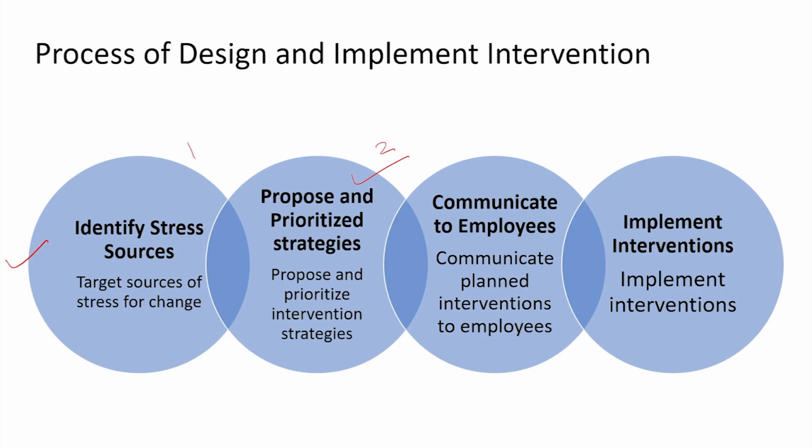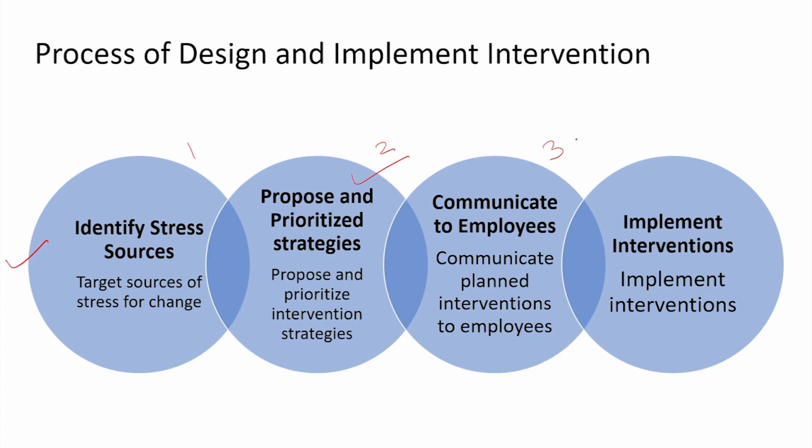Once we have designed an intervention program, we duly communicate it to our employees. Okay. So, this is going to be the third step. The employees who are going to get affected from this intervention program must know in advance what kind of changes they can expect, what demands of theirs have been addressed and what are still pending.